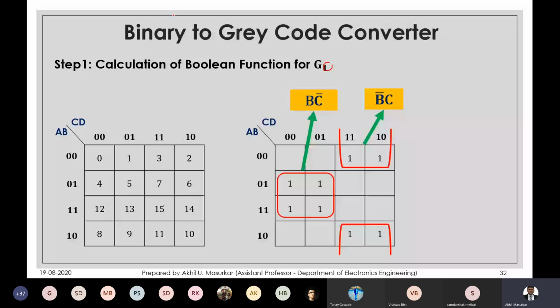So G1 is BC bar plus B bar C. Okay. So should I wait for you to write the K map or should I go ahead? Just notice the places where things are one. Based on that, you should be able to write the K map.